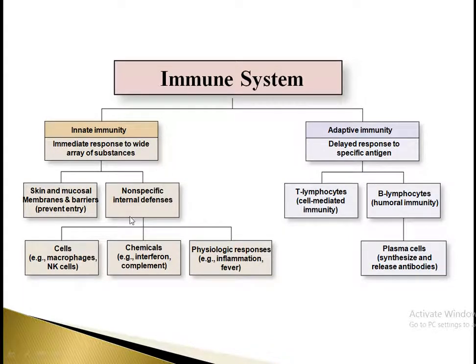Then we have non-specific internal defenses like natural killer cells, macrophages, interferon, complement and inflammation. Through these processes, you can get immunity with exposure or with these developments. Then adaptive immunity involves T lymphocytes, B lymphocytes and plasma cells.